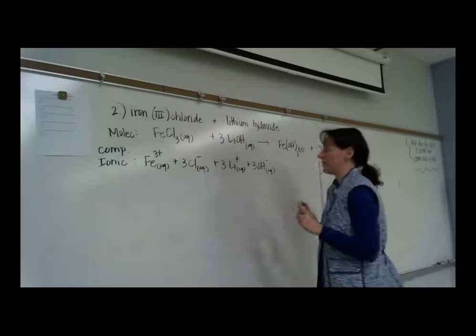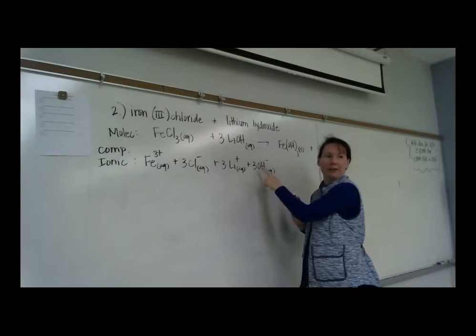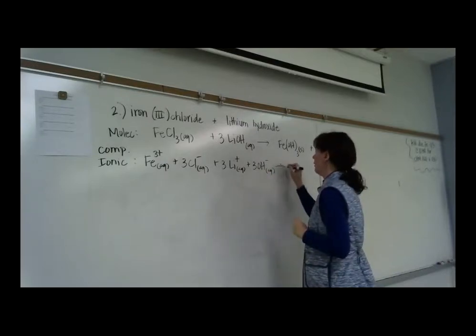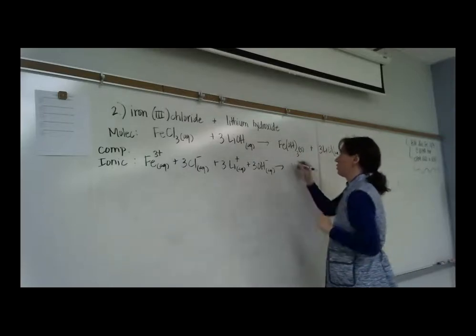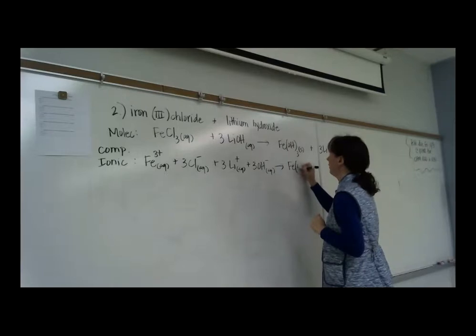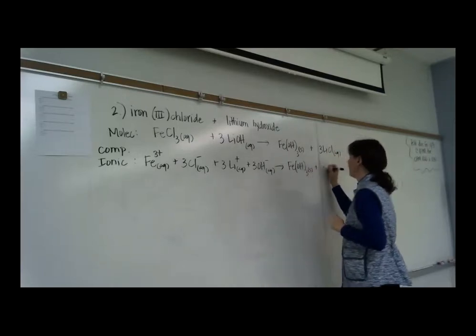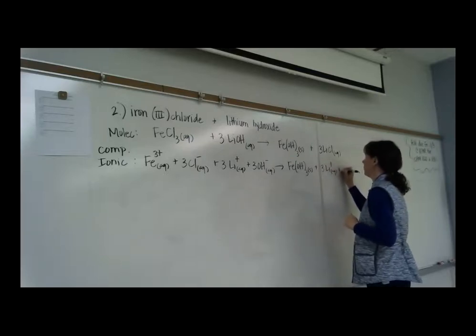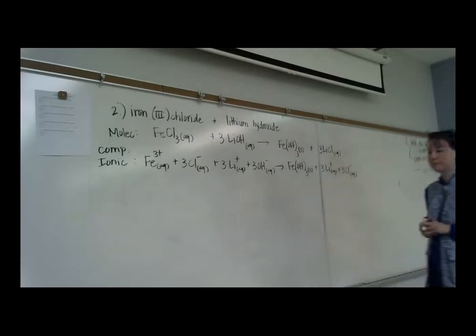A lot of times when I see students have a coefficient out front, they'll give it to the first, the cation, and they'll forget to give it to the anion. That's a really common mistake I see. Then what do I do with my precipitate? Leave it alone, don't touch. Fe(OH)3(s) plus 3Li+(aq) plus 3Cl-(aq).